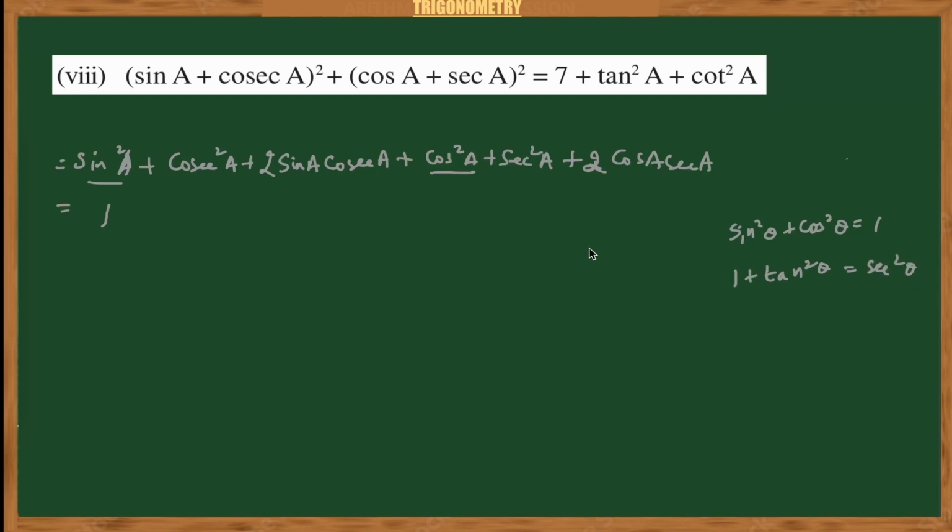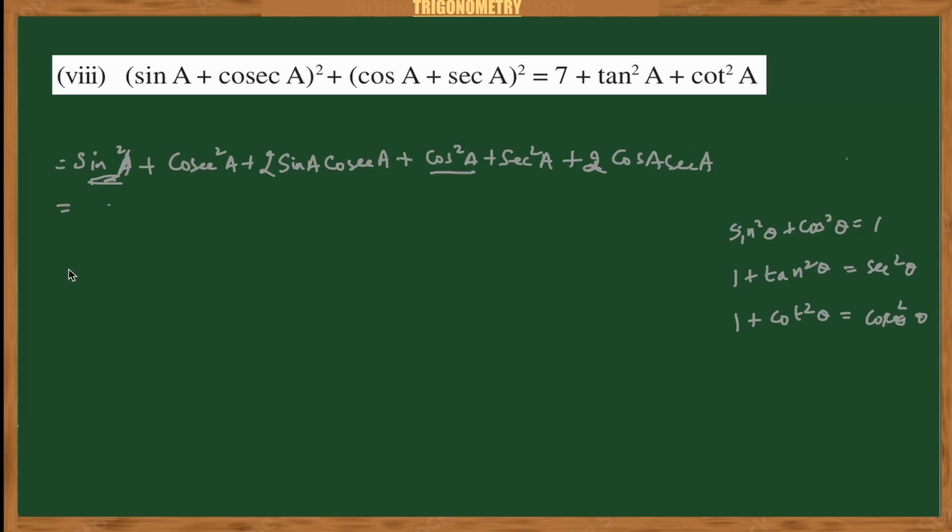Here we have secant square, so we can replace it here. There is one more: cosecant is written as 1 plus cot square theta is equal to cosecant square theta. Let's first put it in the form so that we don't get confused.